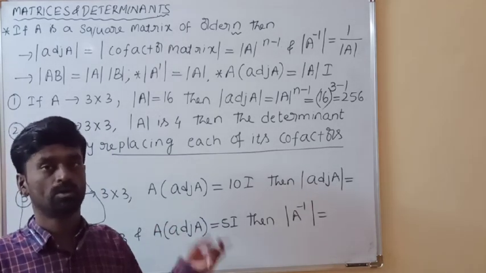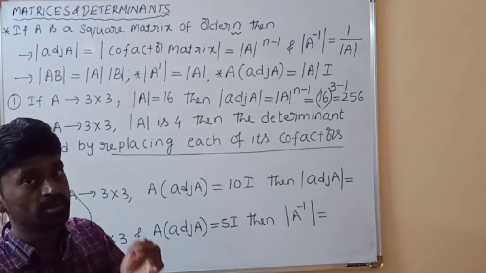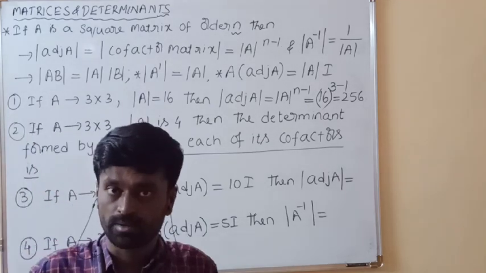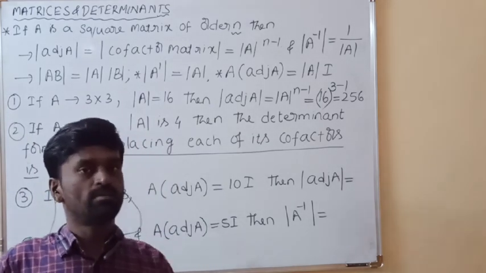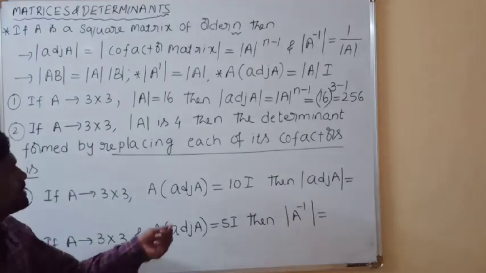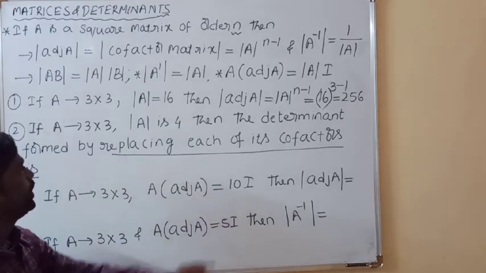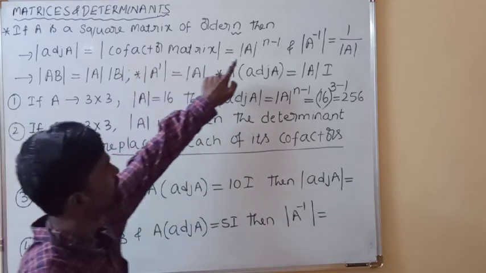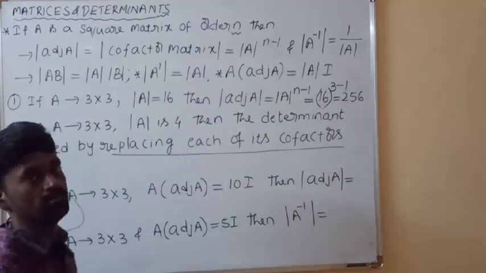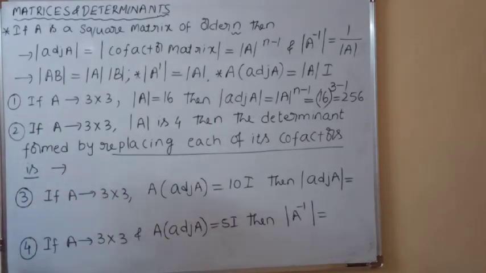Then what is the determinant of that matrix? The obtained matrix is the cofactor matrix, and they are asking the determinant of the cofactor matrix. That is same, det A power n minus 1.